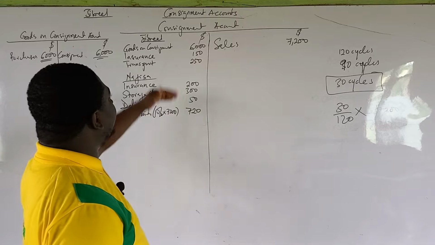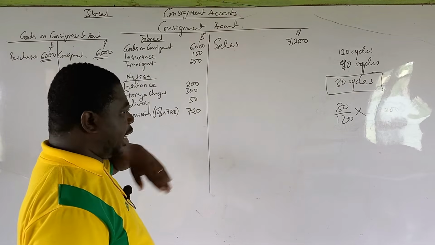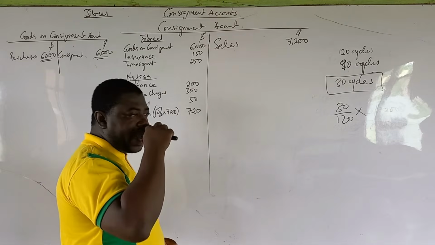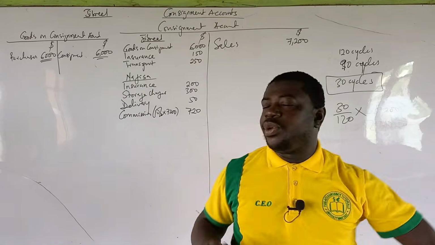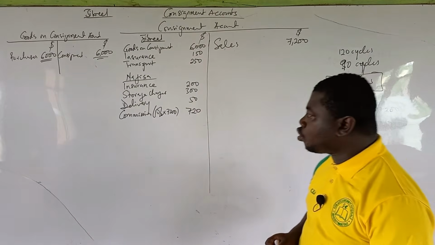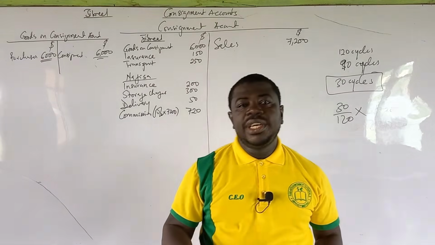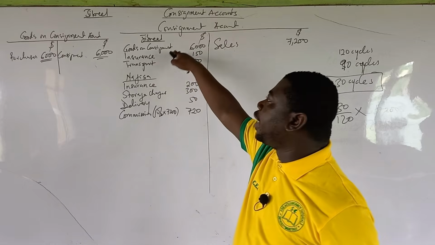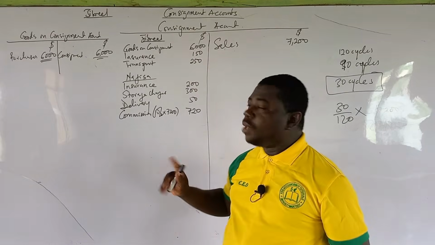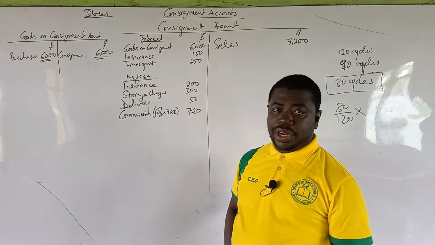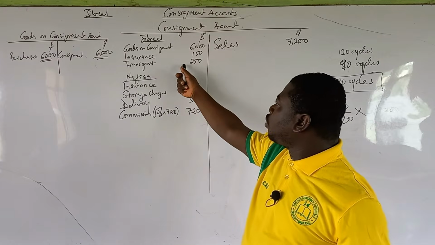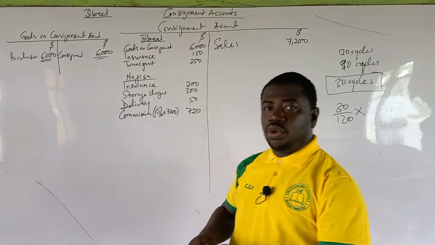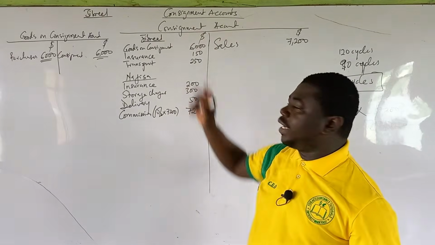We need to add up the expenses that are incurred to the cost of the goods because they are also part. Now, the expenses of the consignor will be included, because the 6,000 is already a direct expense. But the insurance and the transport were also expenses that accompanied the goods consigned, and therefore we add that.